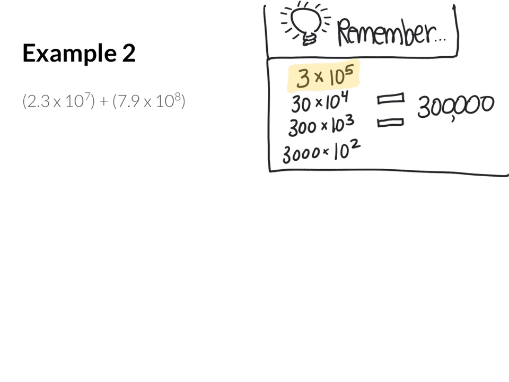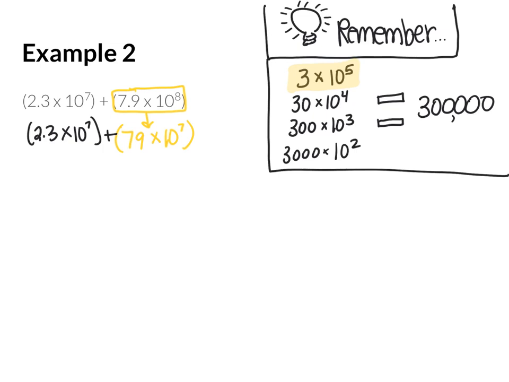So for example, we have 2 and 3/10 times 10 to the 7th and 7 and 9/10 times 10 to the 8th. I'm going to take this term and make it to where it's multiplied by 10 to the 7th. And in order to do that, my decimal has to move 1 time. I get 79 times 10 to the 7th and I bring down the term that I haven't changed. Now I have my common factor of 10 to the 7th power.